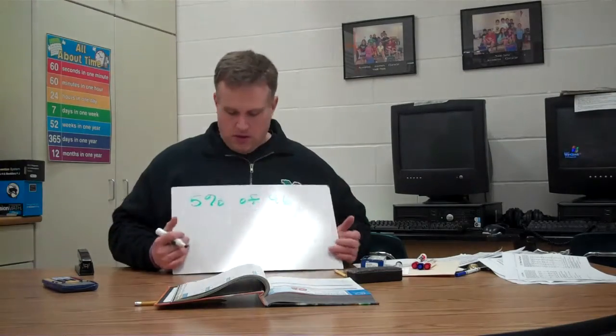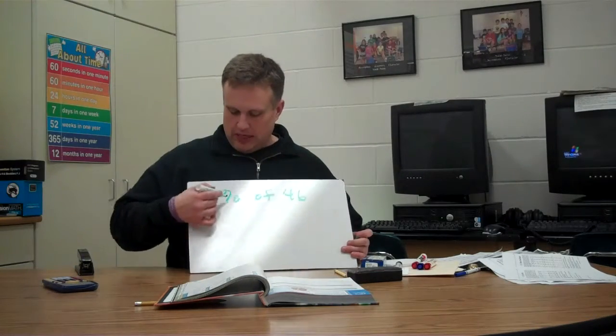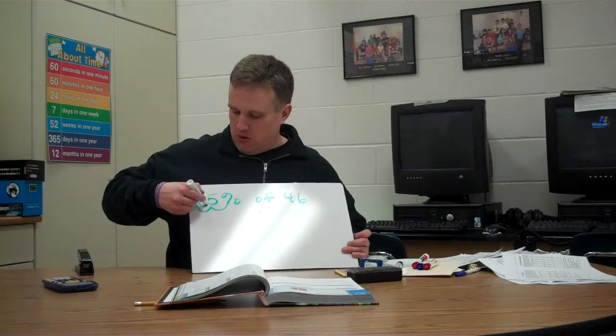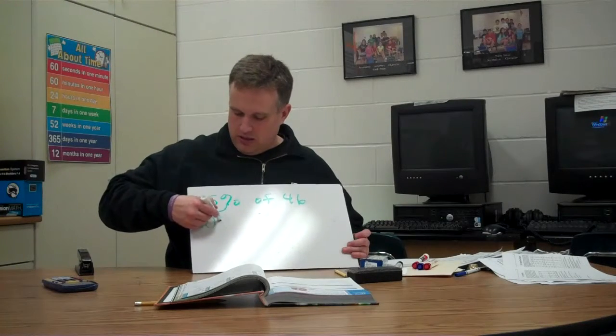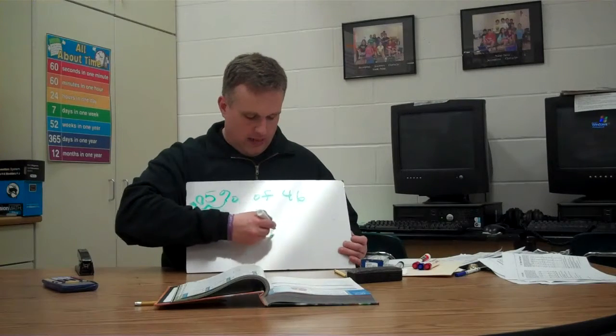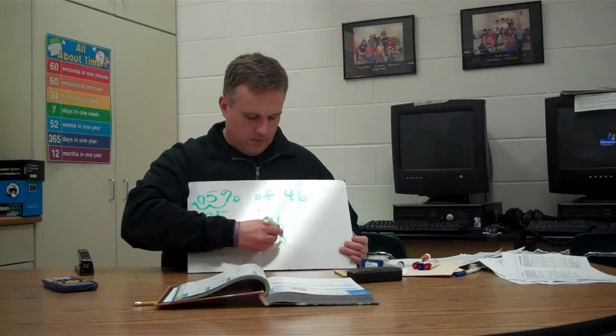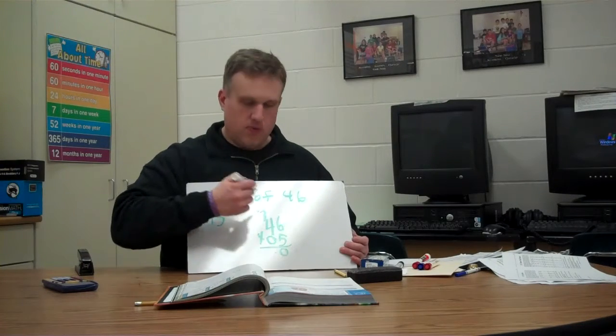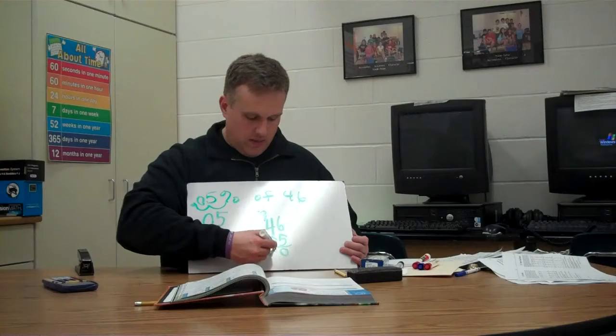All right, let's do one more, and then we'll move on. 5% of 46. Okay, again, changing this to a decimal. 1, 2. So this time I'm going to put a 0 here. So this is actually, looks like that. And I'm going to multiply. 6 times 5 is 30. 5 times 4 is 20, plus 3 is 23.